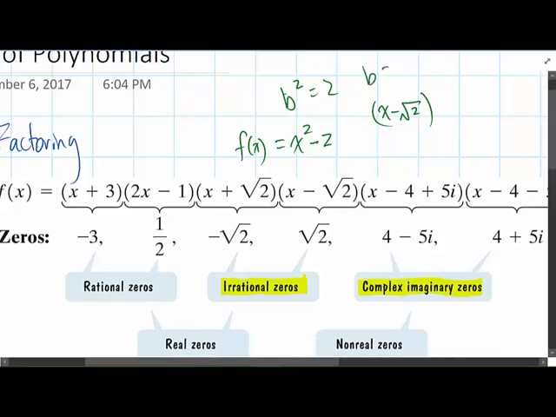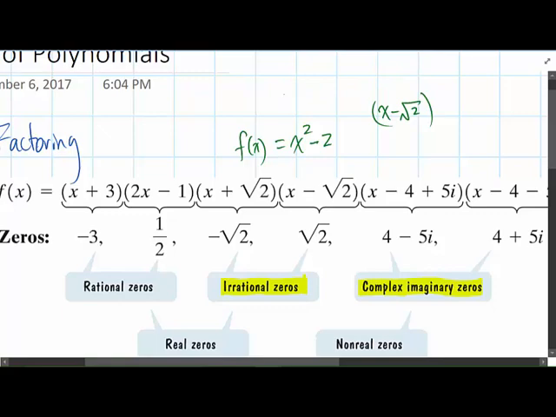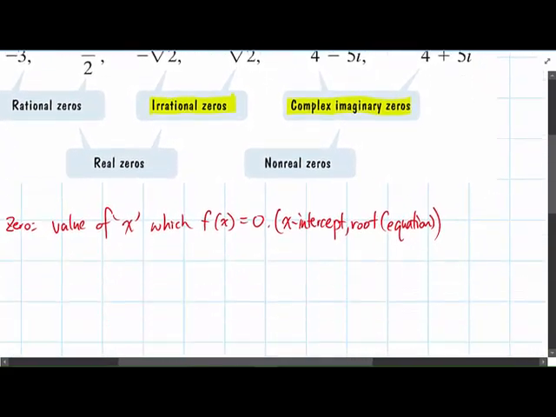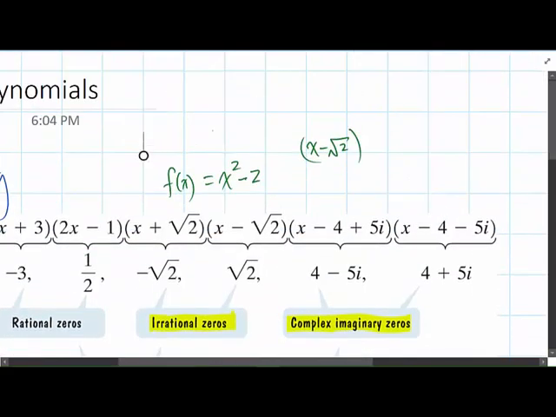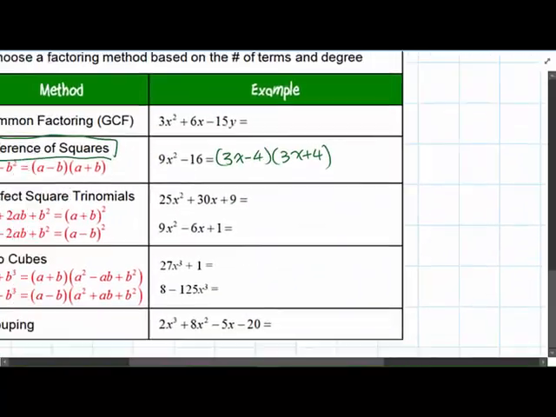We don't put the plus or minus here in this example, but actually, yeah, you can add the plus or minus because b squared equals 2. You're still going to have plus or minus for this one, so it doesn't really matter.